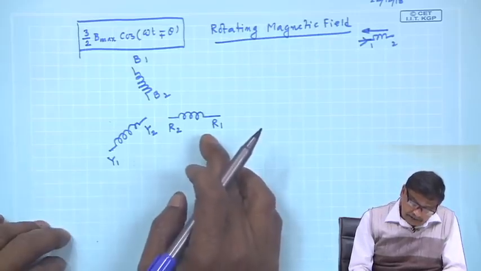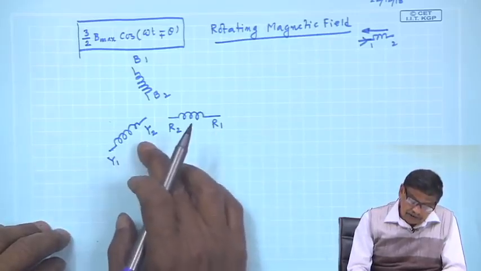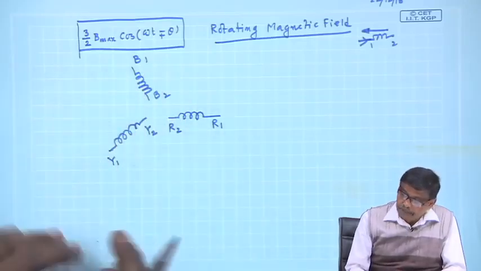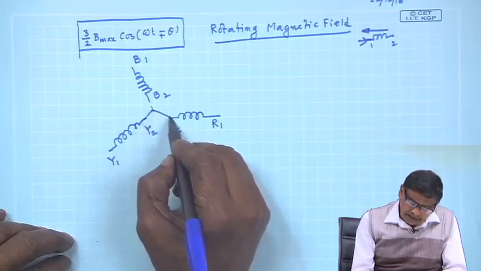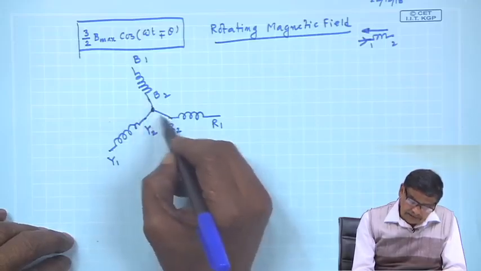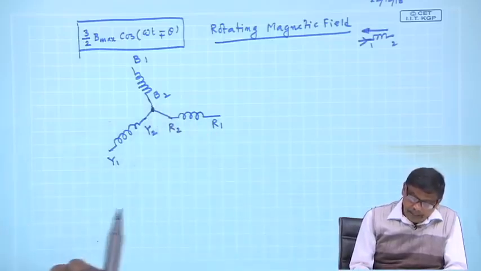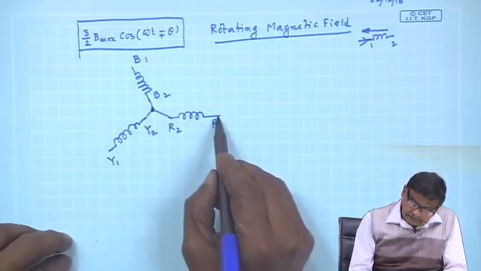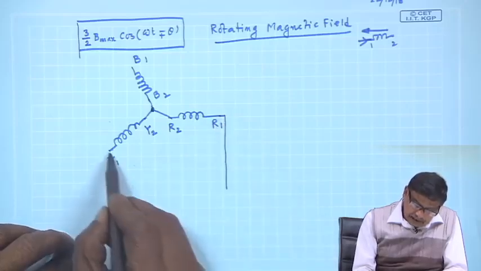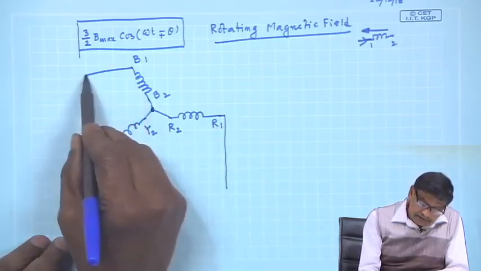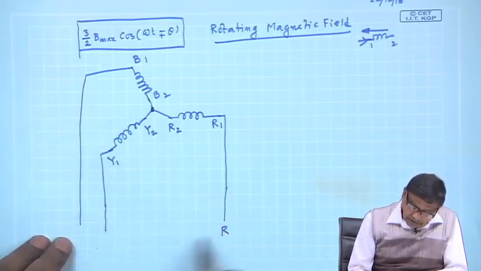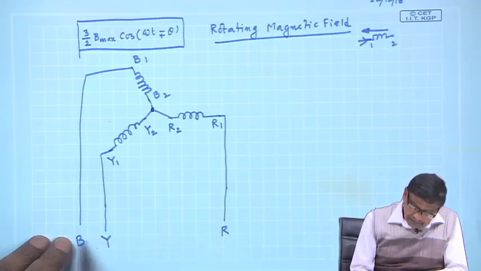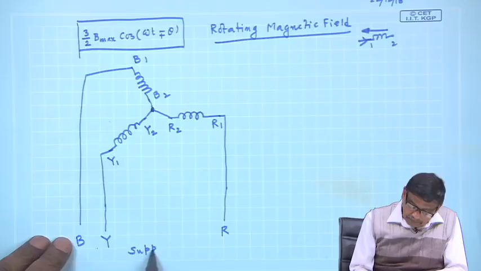Now, this is R 1, R 2, Y 1, Y 2 and B 1, B 2, and they are separated by 120 degrees. Suppose they are connected in star, with R 2, Y 2, B 2 shorted, and these terminals I will connect to a balanced 3 phase supply with phase sequence R, Y and B. This is the 3 phase supply.